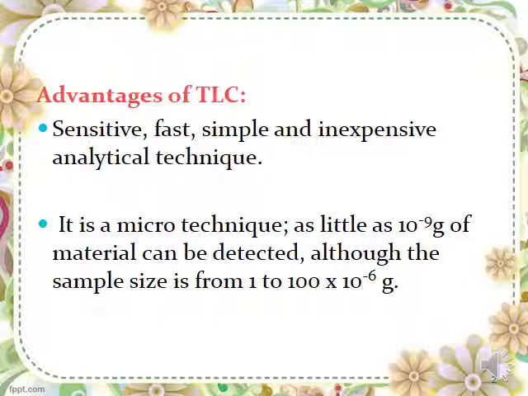It is a micro technique, meaning as little as 10^-9 gram of material can be detected, and the sample size is from 1 to 100 times 10^-6 grams, so we can save a lot. We only use a very little amount.